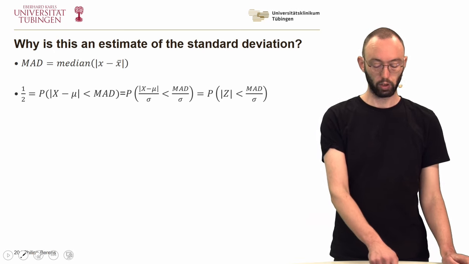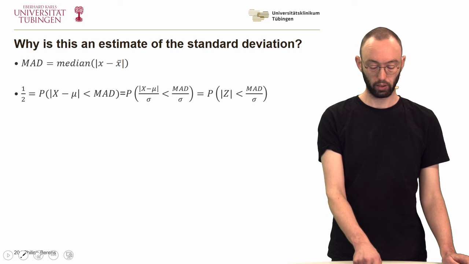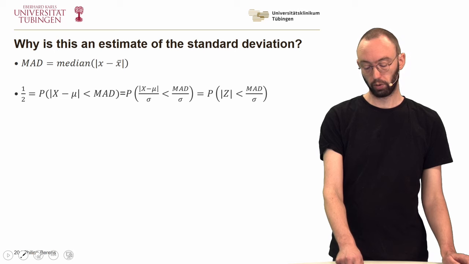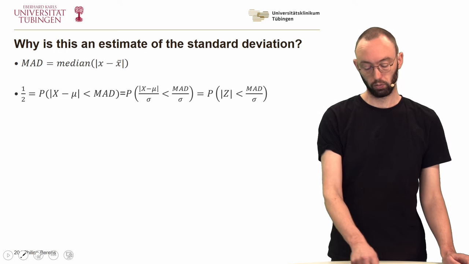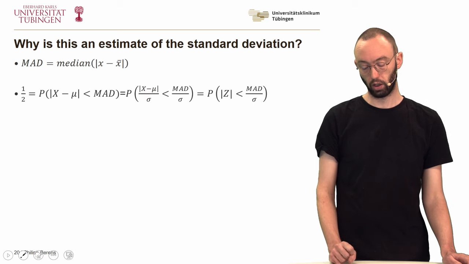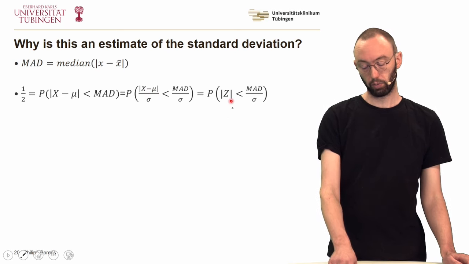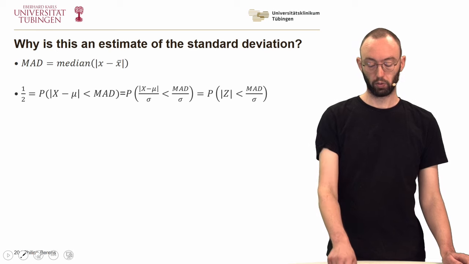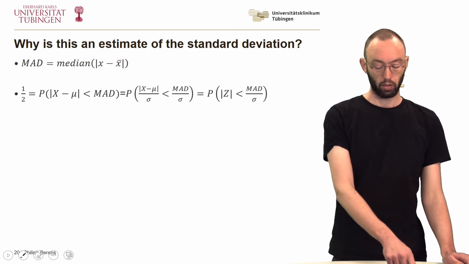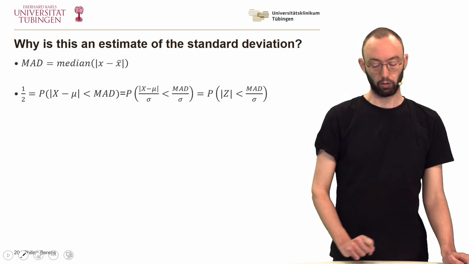And then you can rewrite that like this. By this we see that the probability that the absolute value of the z-score, so the deviation divided by sigma, the standard deviation, is smaller than the MAD divided by sigma, is equal to 1/2.